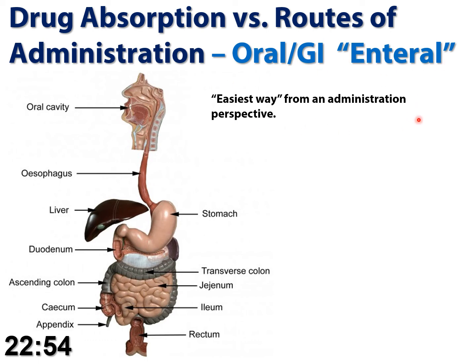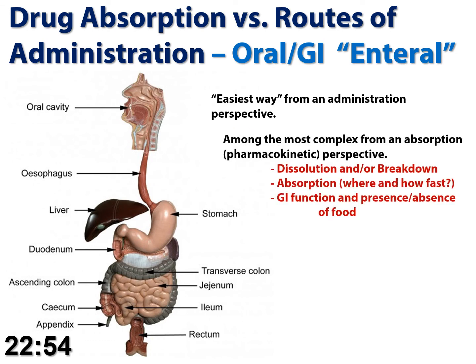It's often the easiest way, unless the person has issues, like if they can't swallow or they're unconscious, then that doesn't really lend itself to self-administration, if you know what I mean. But for a normal functioning person or someone who has generally good function, it's the easiest way of administration. But it's also the most complicated.